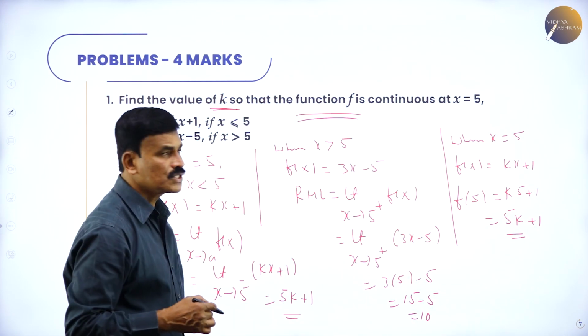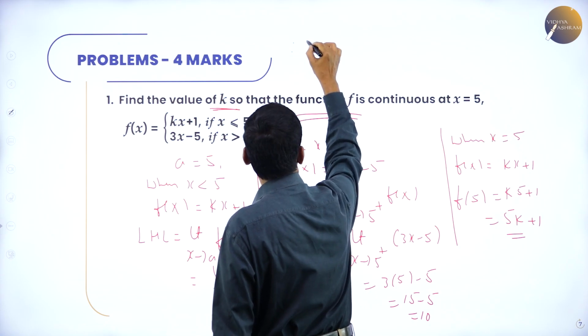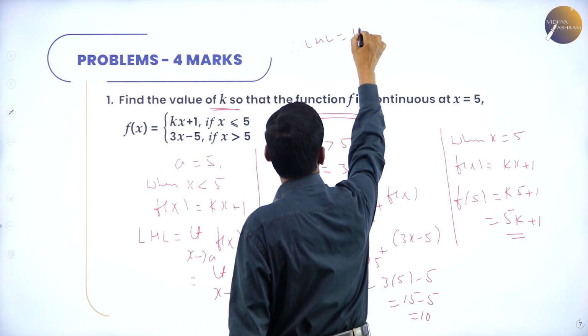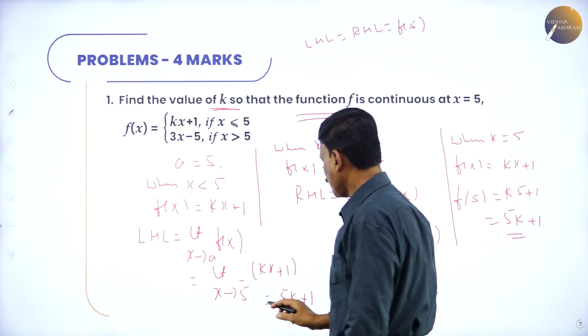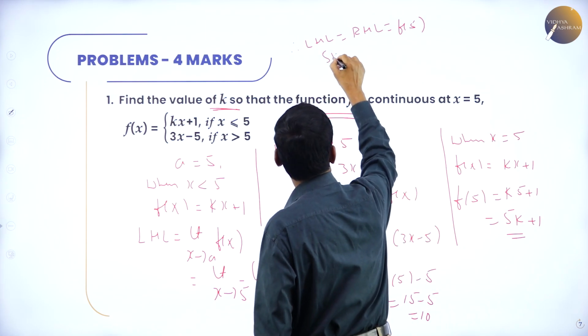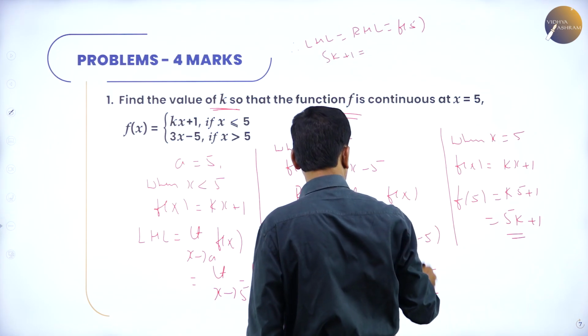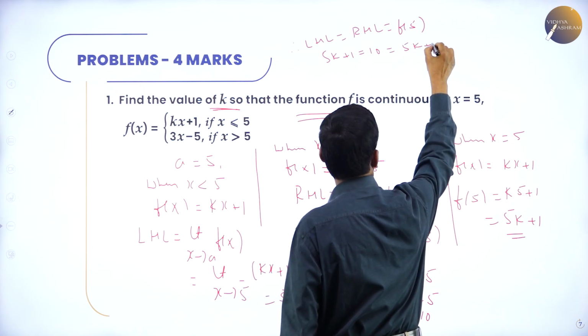Now, what is given? Since f of x is continuous, therefore left hand limit is equal to right hand limit is equal to functional value. What is left hand limit? Left hand limit is equal to 5k plus 1. Right hand limit is equal to 10 and the functional value is also equal to 5k plus 1.